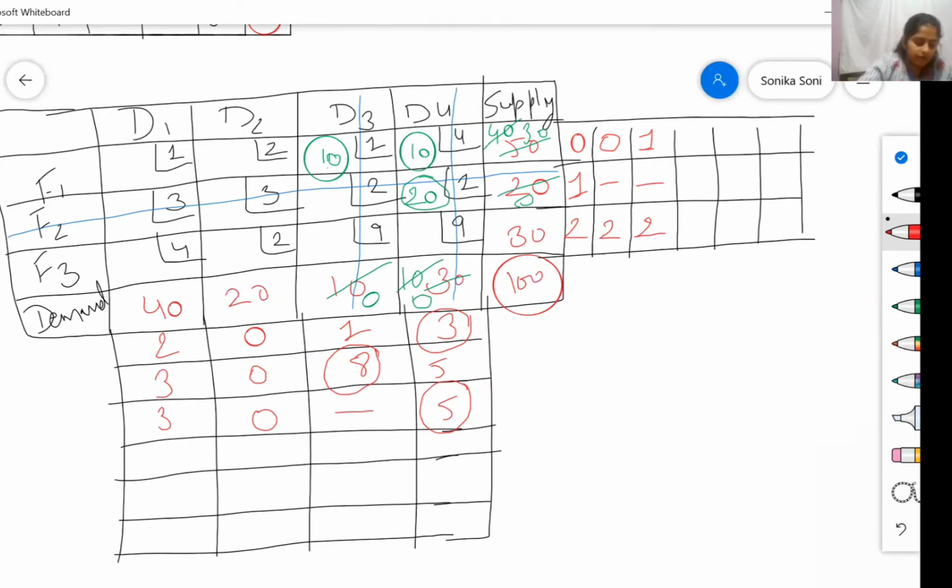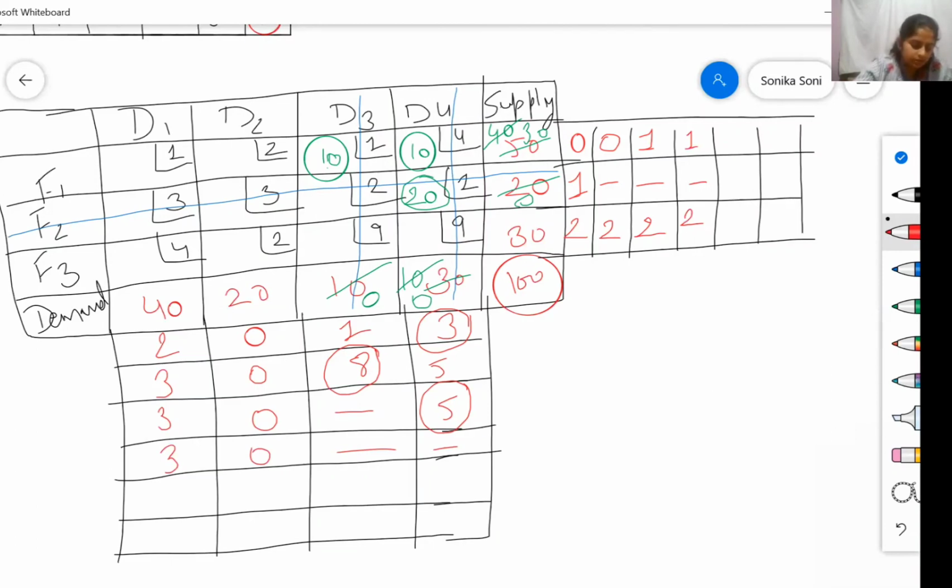So penalty for F1 row is 2 minus 1 is 1. The second row is nil. And F3 row we have 4 and 2 as the lowest costs, which means the difference is 2. Here in D1 column we have 4 and 1 as the lowest costs. That means the difference is 3. In D2 column we have 2 and 2, that means 0. Rest all columns it is nil.